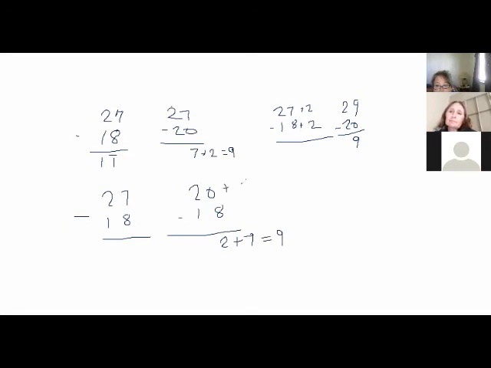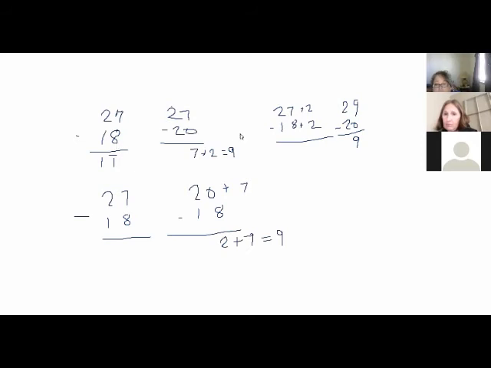So I can do 20 plus 7. All right. Well, another way is that you just add 1 to that 27, and then minus 1, you subtract 18.